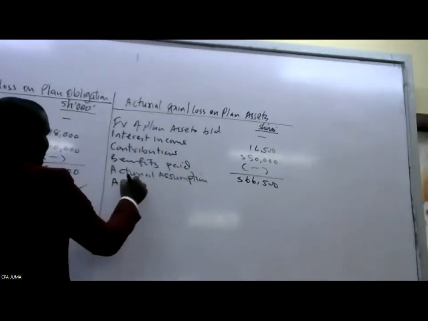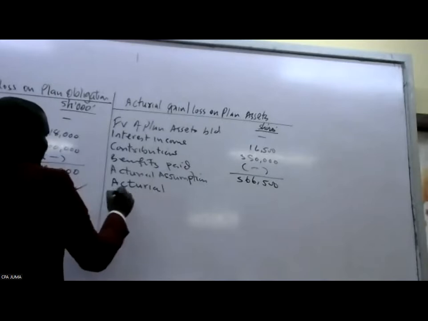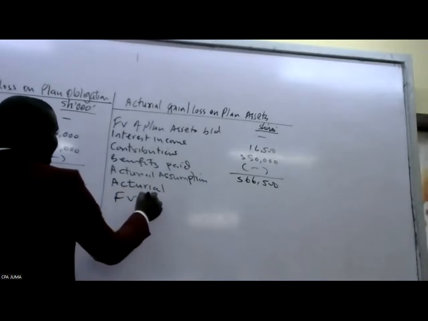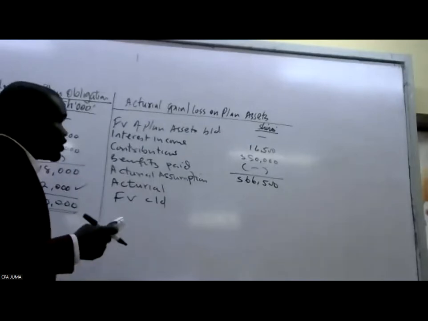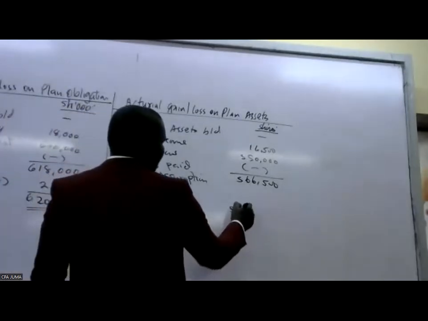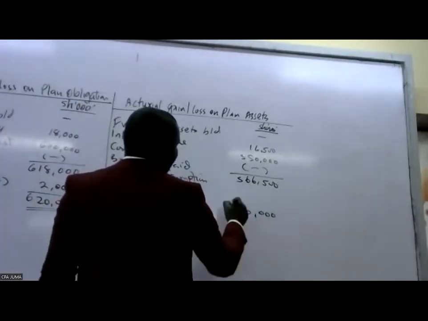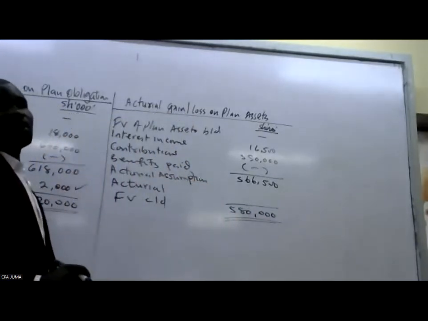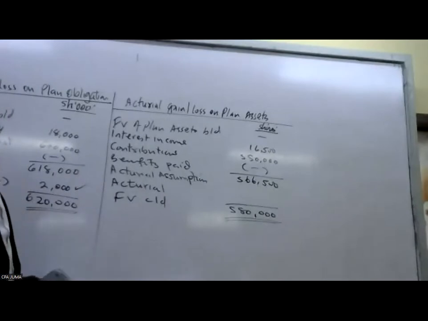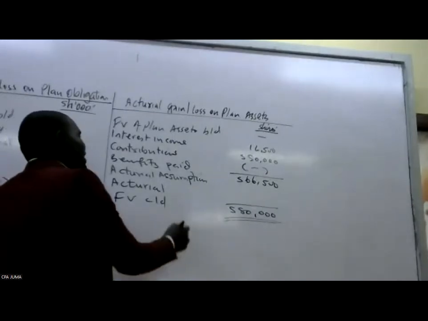Actuarial gain or loss. You don't know. Fair value carried down, is that 580? No, this is actuarial gain, because the asset was anticipated at 566, it has gone to 580.